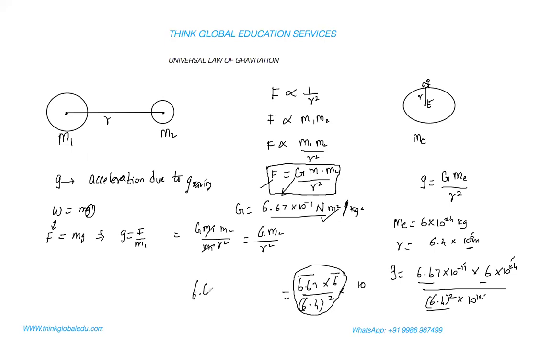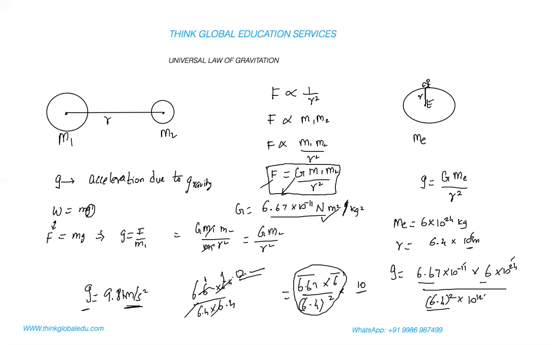We can write 6.6 times 6 divided by 6.4 times 6.4, and approximating, everything cancels and we get about 1 point something, which multiplied by 10 gives g equal to 9.81 meters per second squared. The unit of g is meters per second squared, since it is the acceleration due to gravity. So near the surface of the Earth, all objects feel the same field strength.